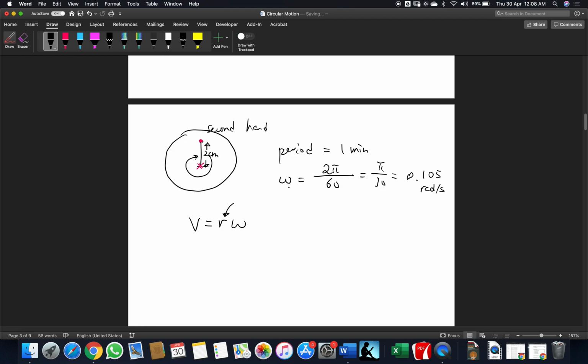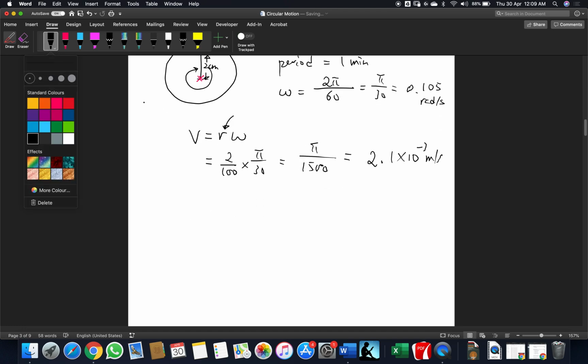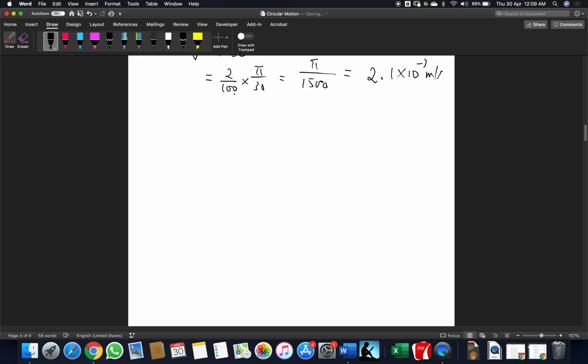We substitute all the values: r is 2 over 100 times pi over 30. That's your answer, or in terms of meters per second, it is about 2 times 10 to the power negative 3 meters per second. That's how we relate the radius, the speed and the angular speed. This is a very important formula.